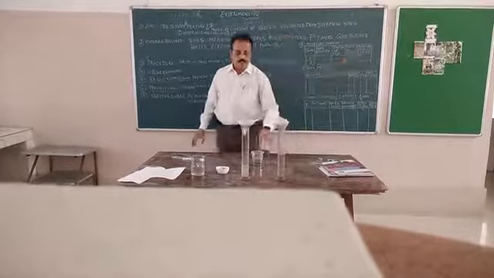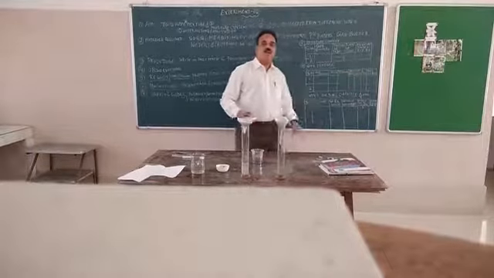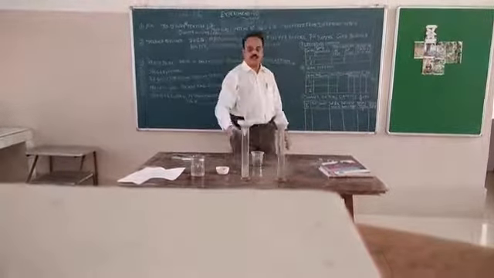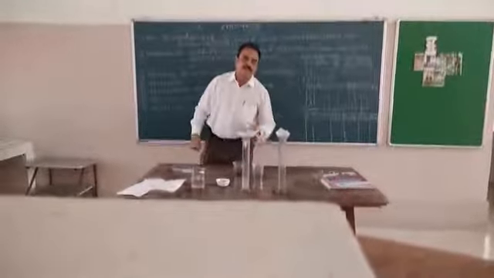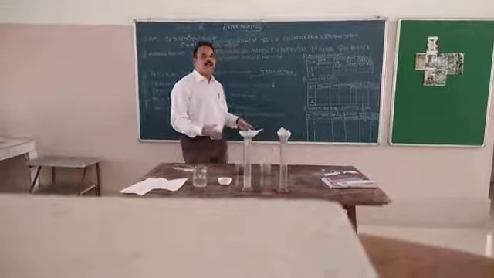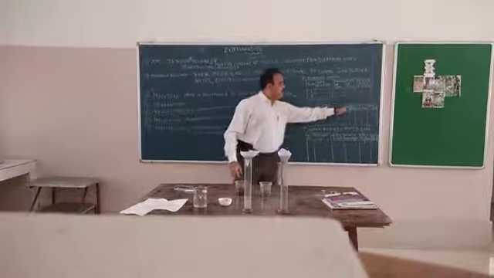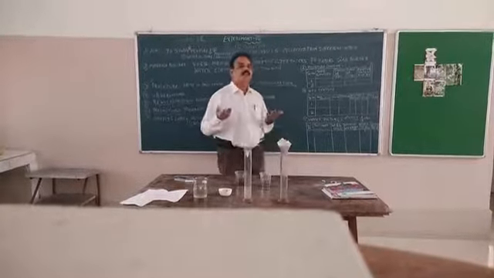Based on this, if the percentage of clay is more, then you can classify it as smooth soil. If the sand is more, and silt and clay are less, then you can say sandy soil. So based on that, the percentage will be calculated: how much percentage of sand is present, how much percentage of silt is there.